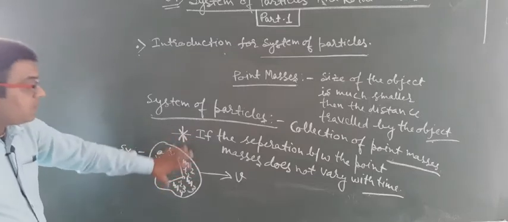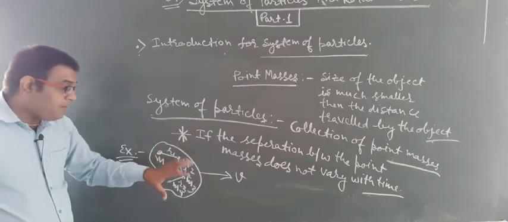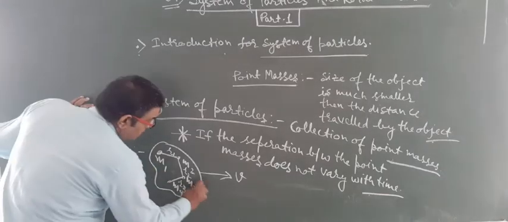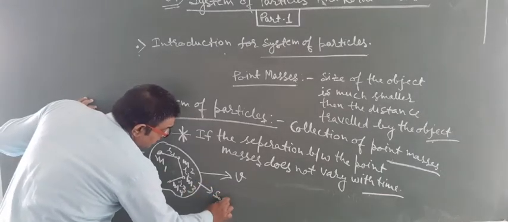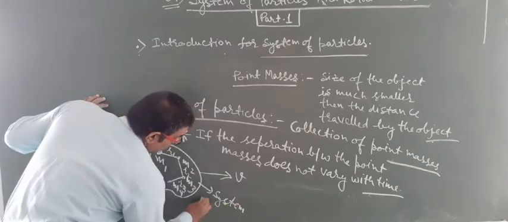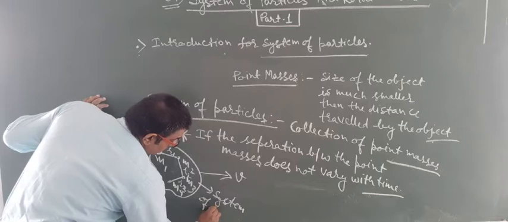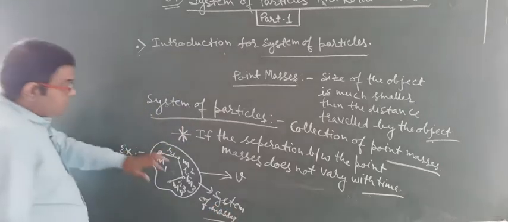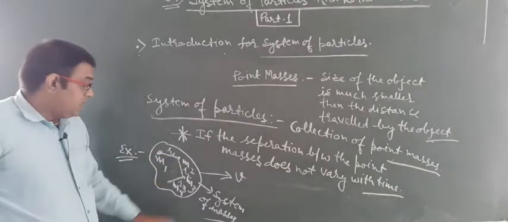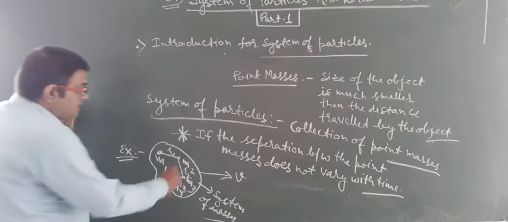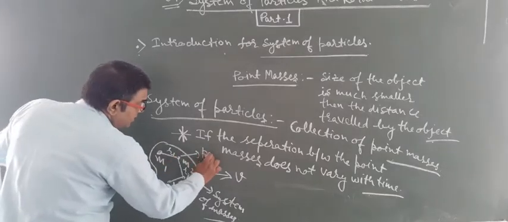Then this group of point masses can be considered a system of masses, and these masses are called particles.